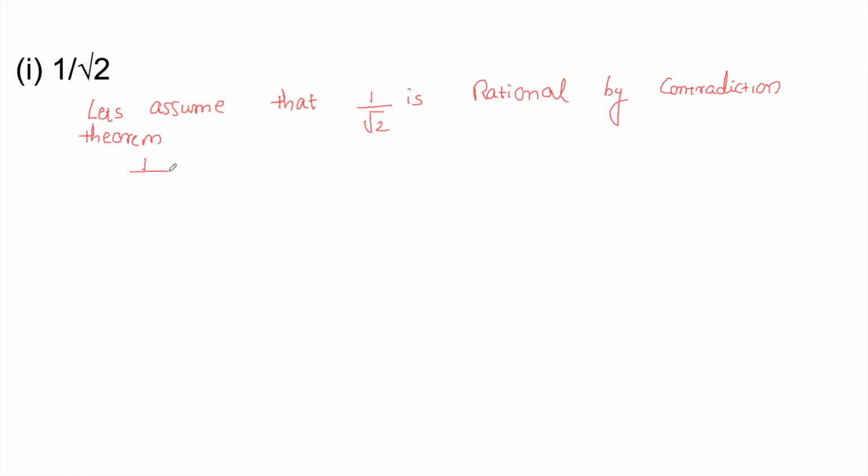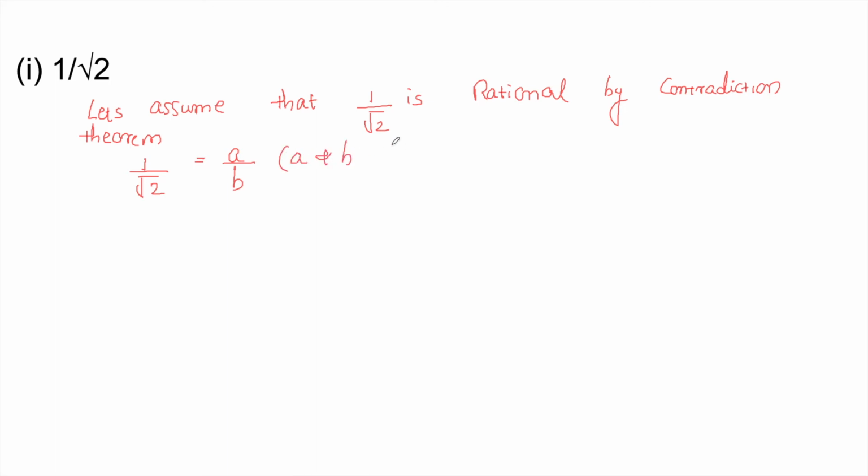So, here we can assume, let's assume that 1 by root 2 is rational by contradiction theorem.